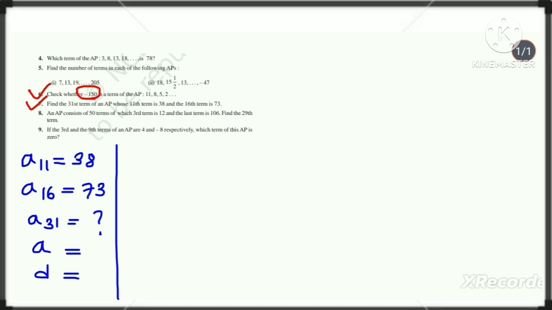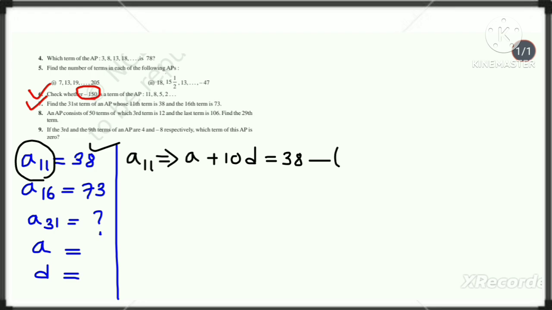According to the general form of AP, we can write this A11 as A plus 10D, and it is equal to 38, and it is our first equation.